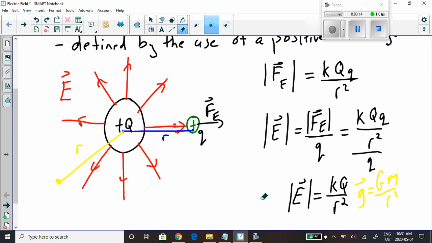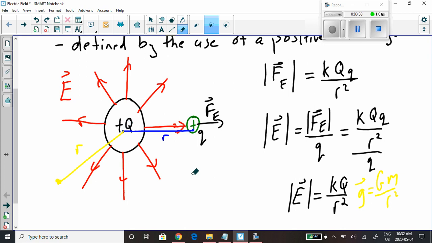Well, what is r? r is a center to center distance. If I wanted to know the electric field right here, I would have to know that distance r. If I want to know the electric field here, I need to find out how far this spot in space is from the center of what is causing the electric field.